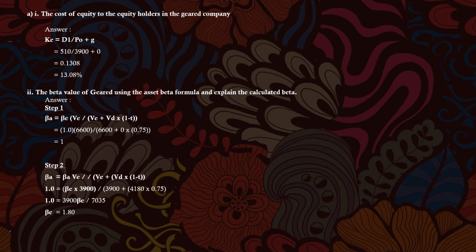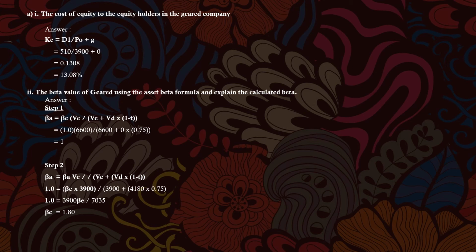Since there is no growth rate in the question, we just take 510, which is the profit after tax, paid as dividends, and divide by 3,900 as the market value. So we get the answer 13.08%.